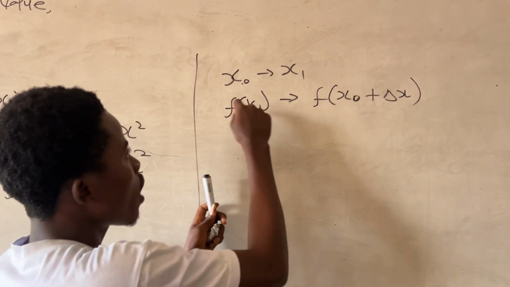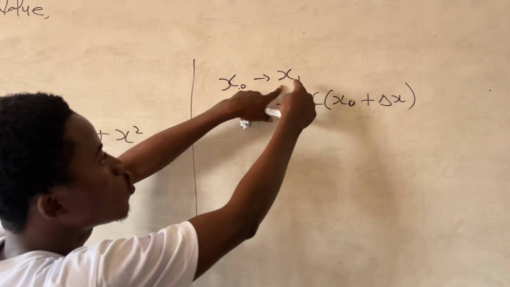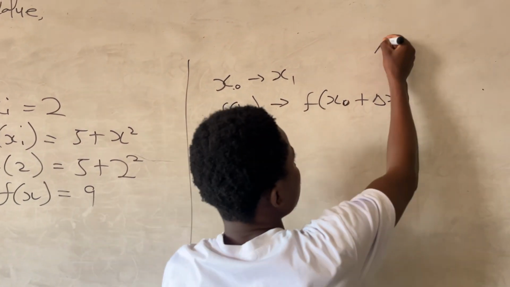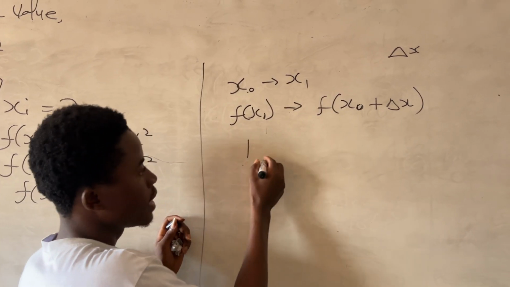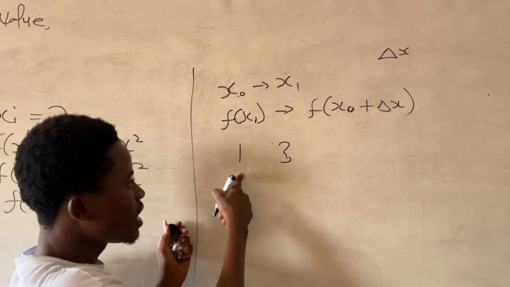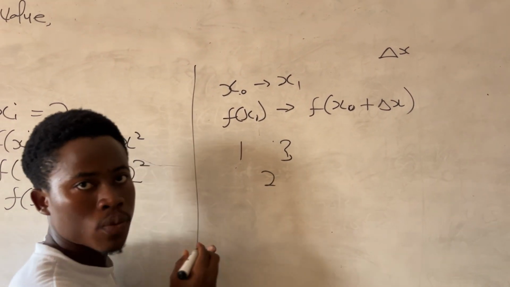Alright, because we already have f of x naught changing to a new value. So the difference is telling us the change in x. Because let's say we have 1 and then 1 changes to 3, the difference between 1 and 3 is 2.